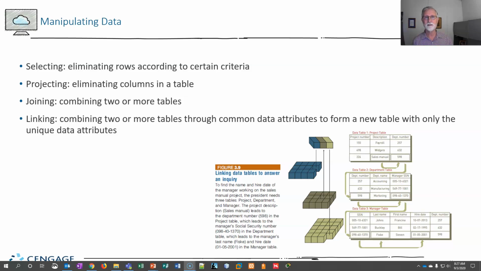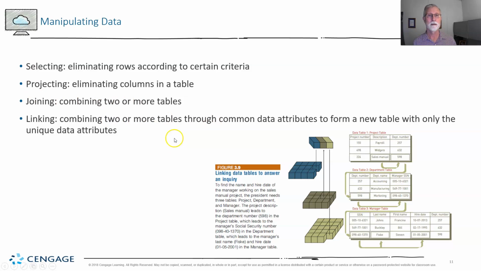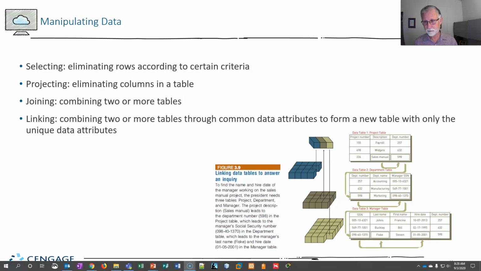You select information, basically eliminating rows, or collecting rows, on ones that meet your criteria. So you're selecting what information you're trying to look at.